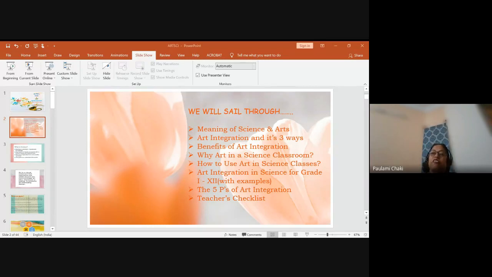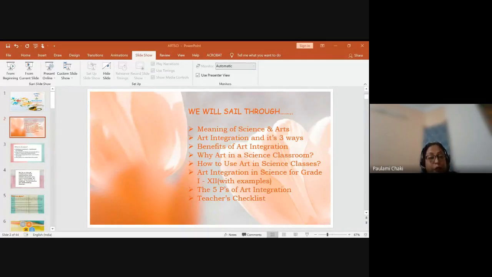So why art in the science classroom? First, we have children with diverse learning styles. Art integration always suffices for these different students with different learning styles. It also cultivates passion in children towards science. Obviously, when we are working on some concept, we are creating something out of that concept knowledge, so we will be passionate.